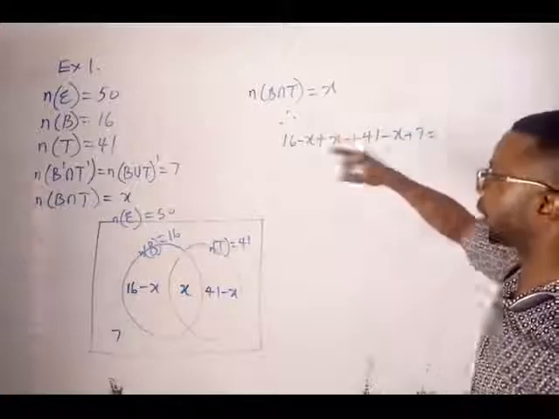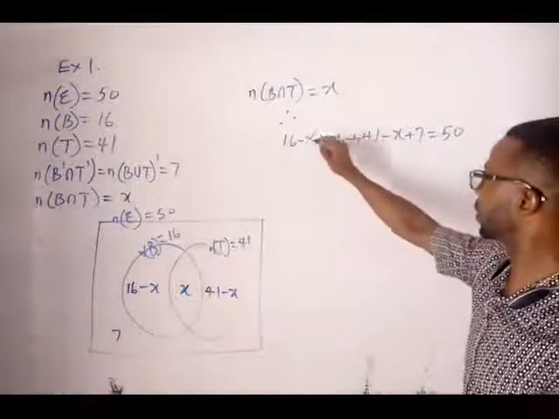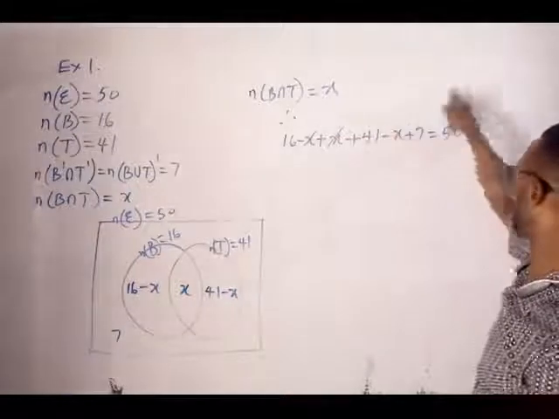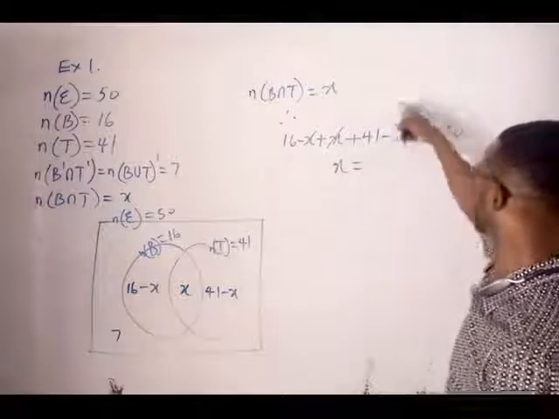All this put together to give me the 50 that I want. So this X, we cut out this X and move this X to the other side. I have X. So I move this 50 to this other side.